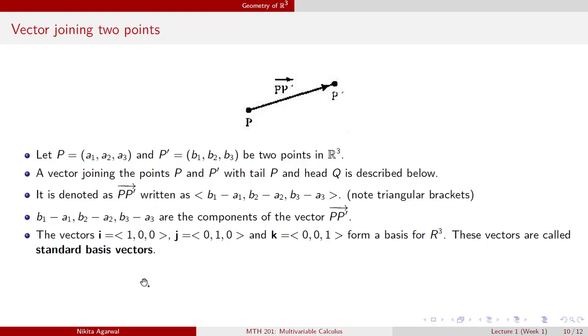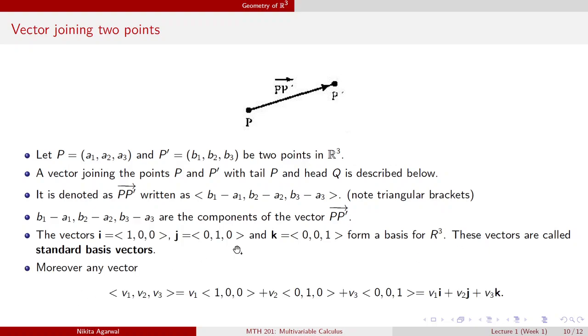And if you look at the vectors 1, 0, 0, which is denoted as i, 0, 1, 0, which is denoted as j, and 0, 0, 1, which is denoted as k, they form a basis for R3. These vectors are called standard basis vectors.